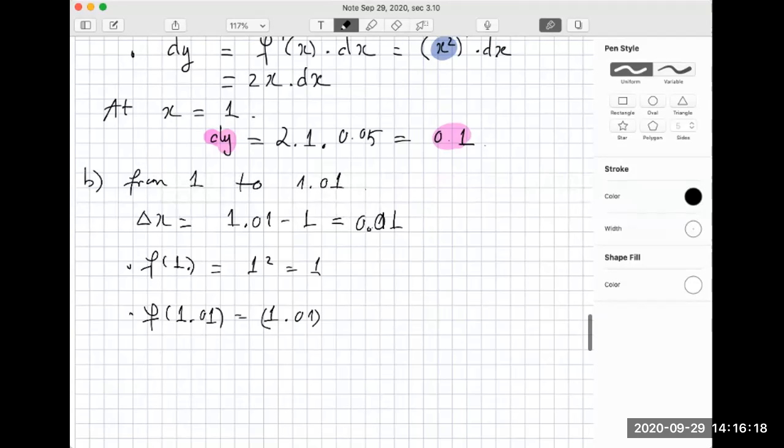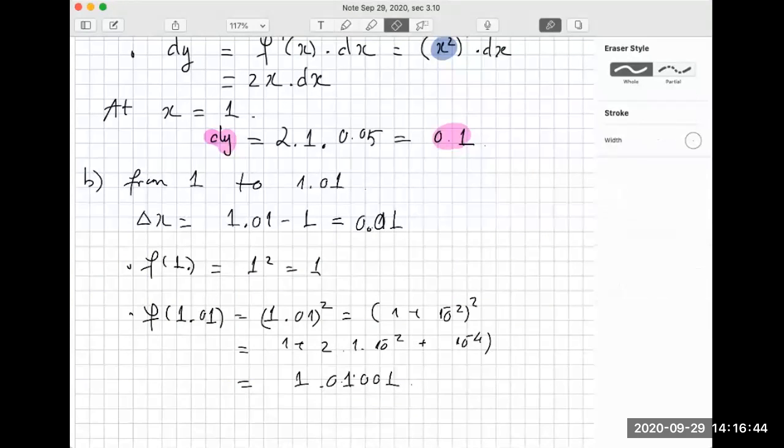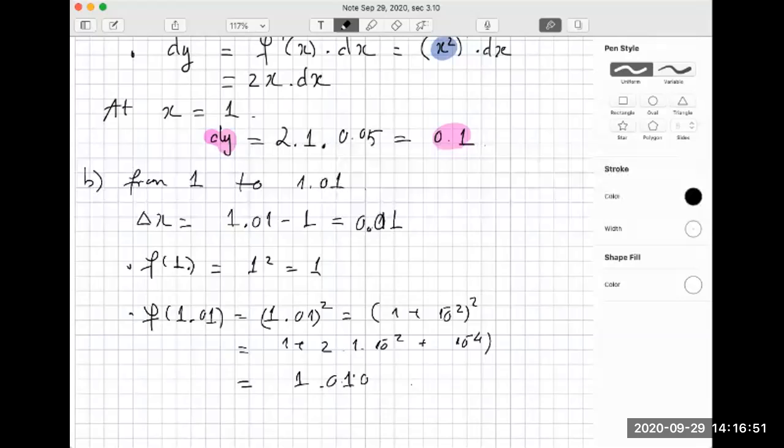For 1.01, what do we have? You can use your calculator. Okay.